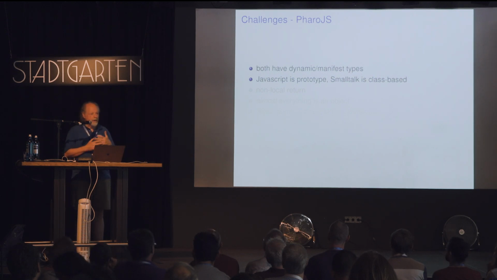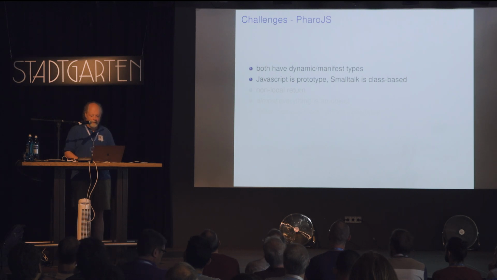And so if you're going to generate JavaScript, you have to be a little bit clever about how you simulate classes. In particular, the complete data structure of the Smalltalk class hierarchy is a general graph. It's not a tree. And in JavaScript, that's a little bit difficult to construct, but it's possible.